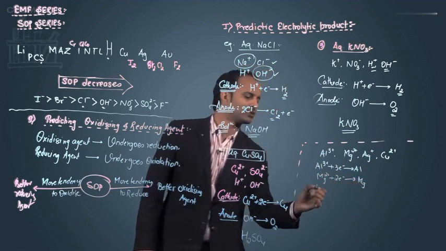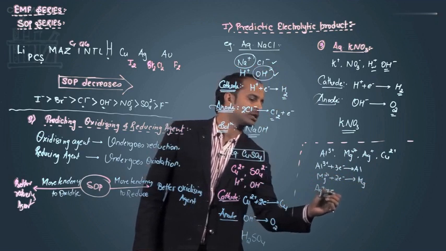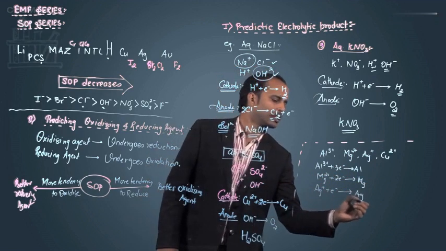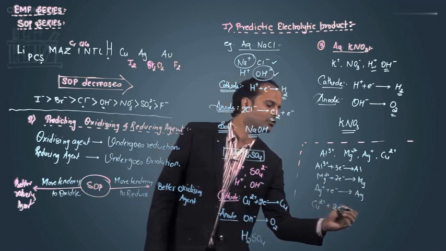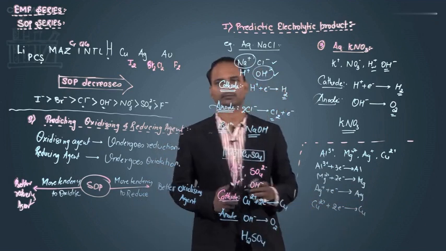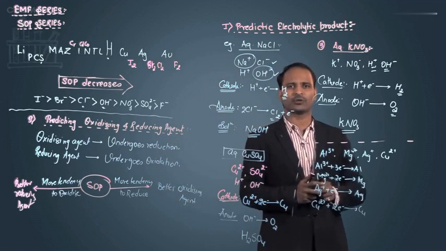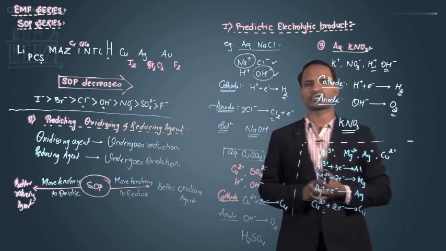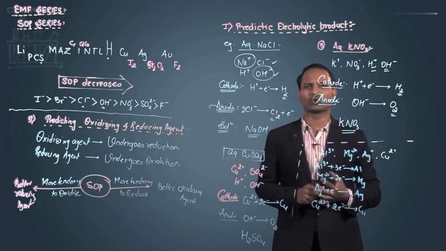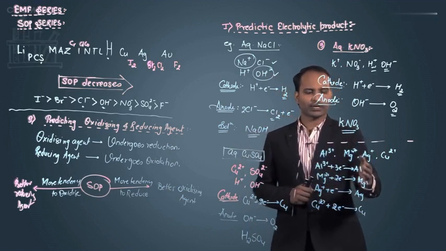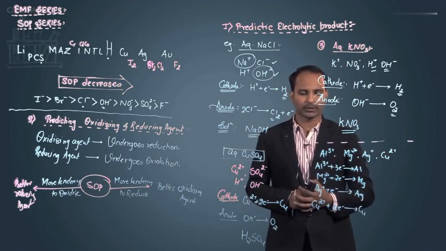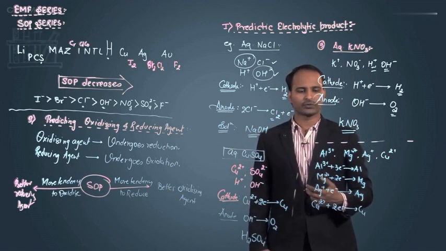Silver will gain 1 electron and form silver. And copper 2 plus will gain 2 electrons and form copper. The question is, from all four, which has a better tendency to reduce?